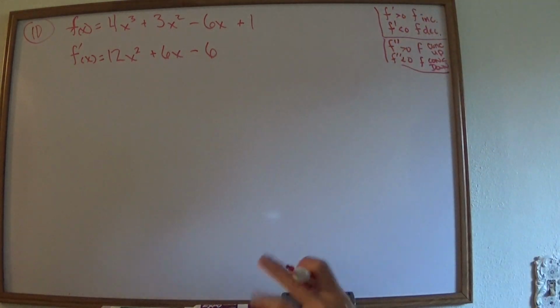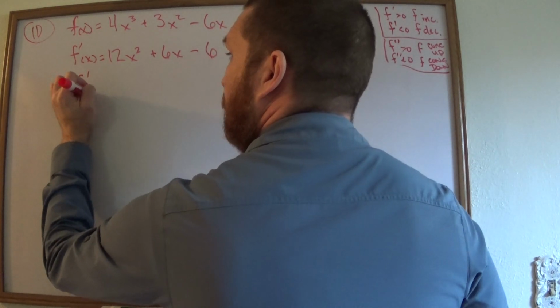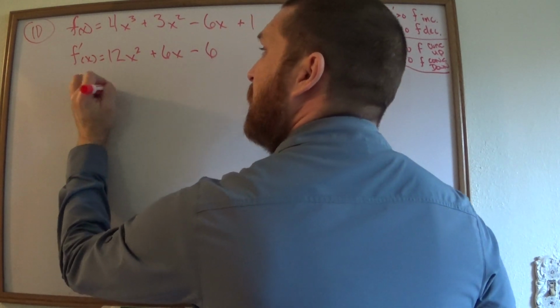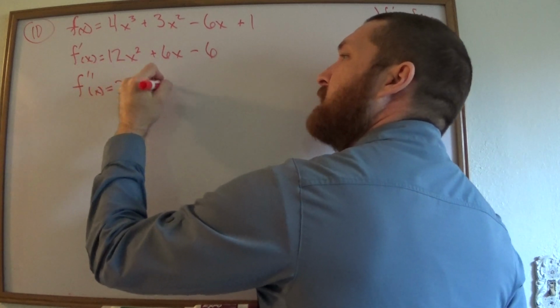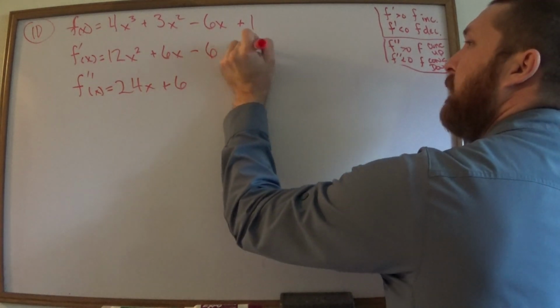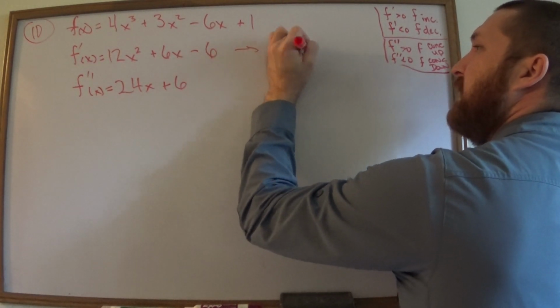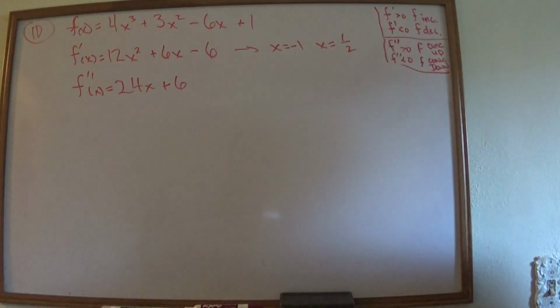So if all I want to do is find which one's a min and which one's a max, I could say, okay, f double prime of x. What's the second derivative? 24x plus 6. And I found the critical numbers: x equals -1 and x equals 1/2. I could just ask, are we concave up or concave down at this place?